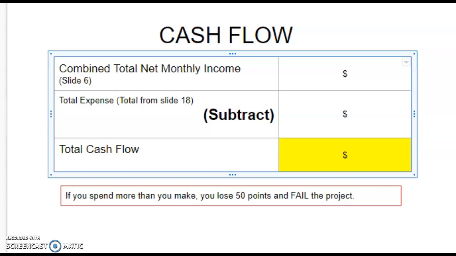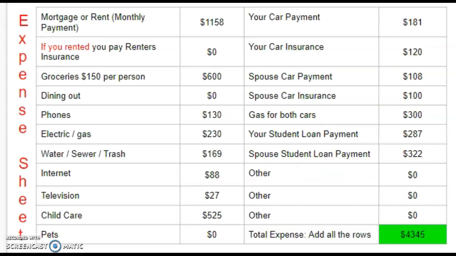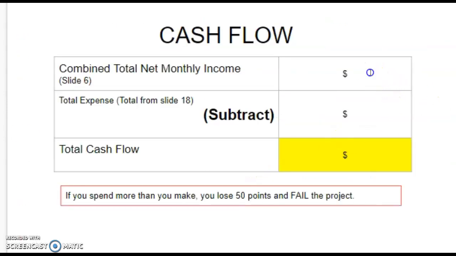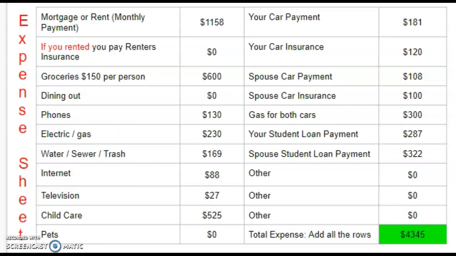We go to slide 6. So slide 6, we take what's in the blue. So there's my 4,800. I take that and I put that in here, 4,800, and I look at what I spent on the other sheet.